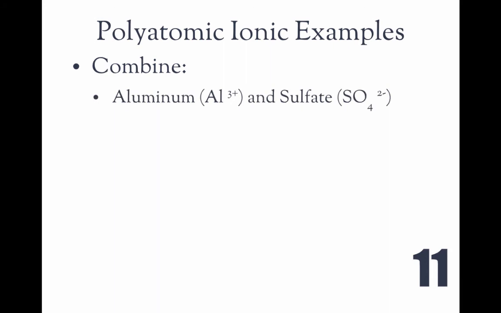If we wanted to combine aluminum, that has an oxidation of 3 positive, and sulfate, that has an oxidation of 2 negative, they would crisscross. But notice I have a parenthesis now. The polyatomic has to stay joined together. It is its own thing. So this would be read Al2(SO4)3.